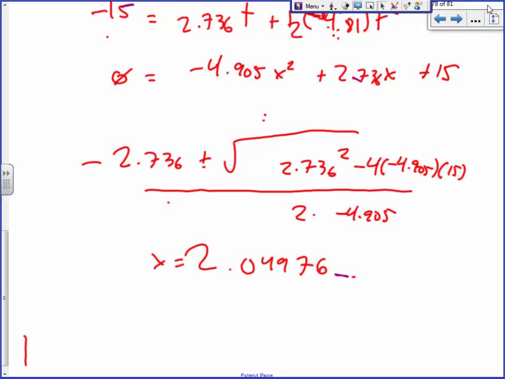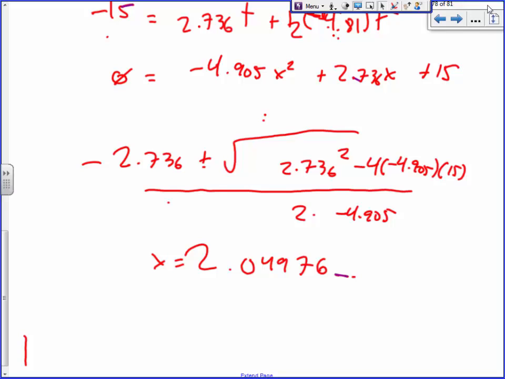And then divide by 2 times negative 4.905. Okay, so you get that value there. That works. Now you have A for this one. But you check in B, what is B squared? It's not negative.